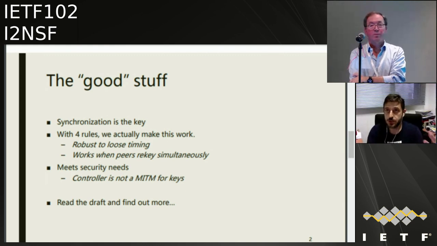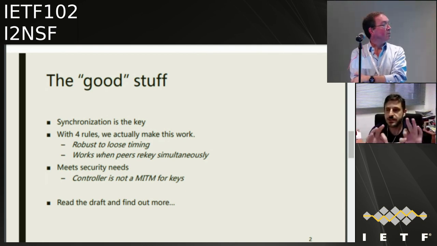What we see is, okay, let's not send that session key, just send some Diffie-Hellman key material, so the NSF just needs to create the session key. So the session key is not seen by the security controller, but the security controller still has all the information about the IPsec security association except the key material that will be used in the inbound and outbound.